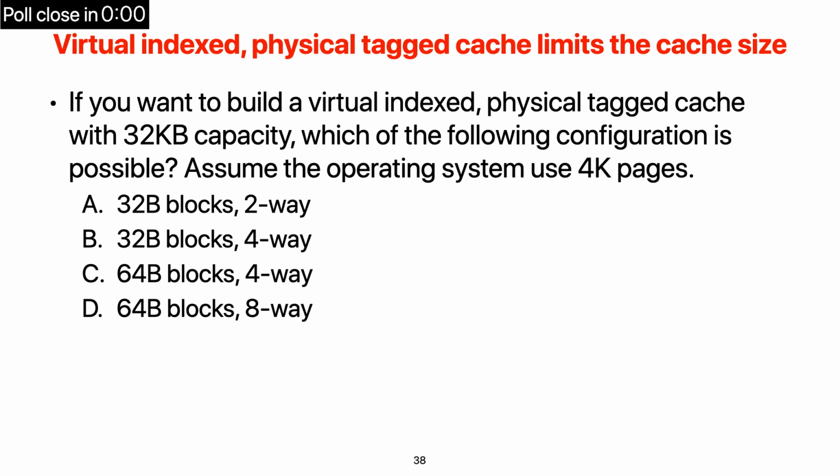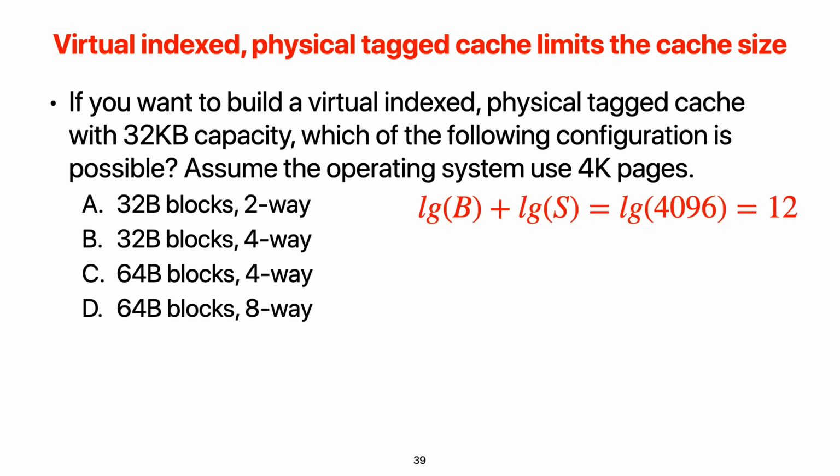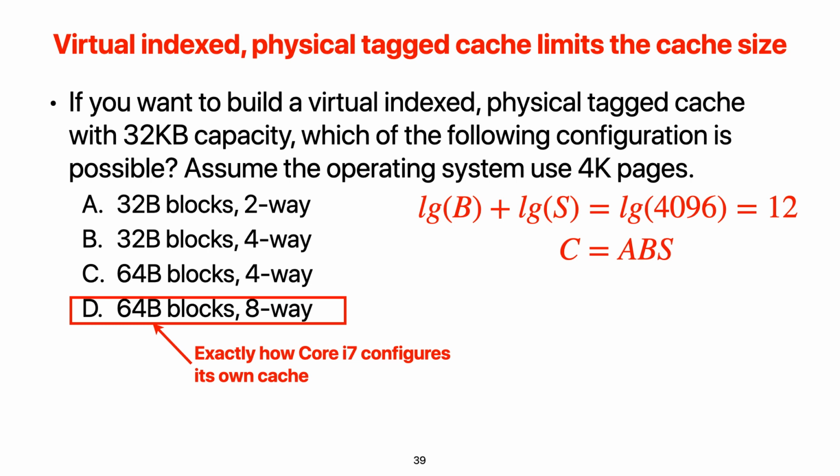Okay, so now let's look at this question. Again, remember this is a physically tagged, virtually indexed cache. So it forces our log B plus log S to be 12. So D is the only answer that's possible, but why? Again, use C equals ABS. You will figure out that if you want to have 32 kilobyte capacity, then A must be 8.